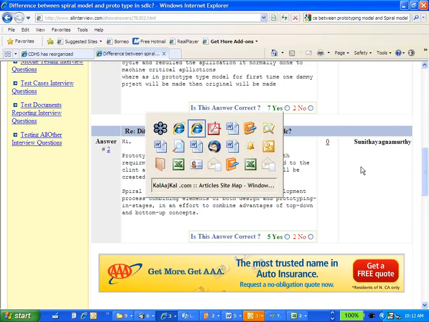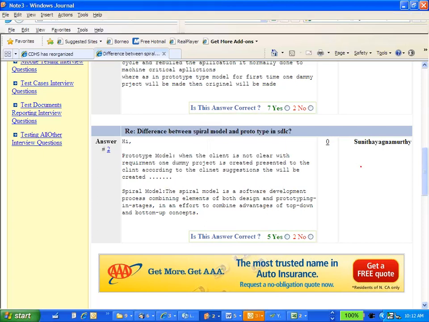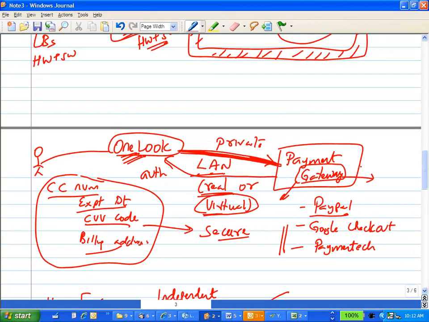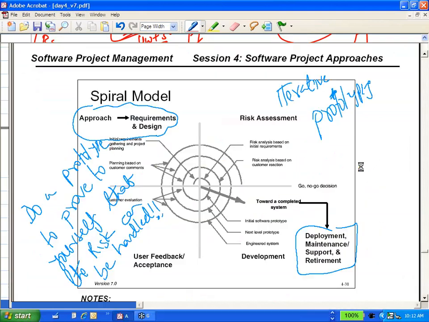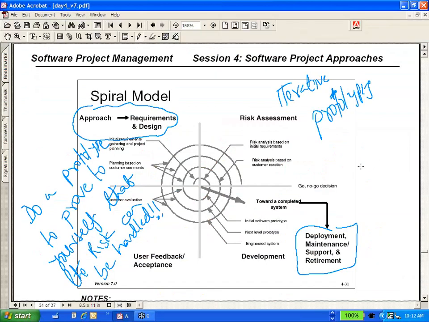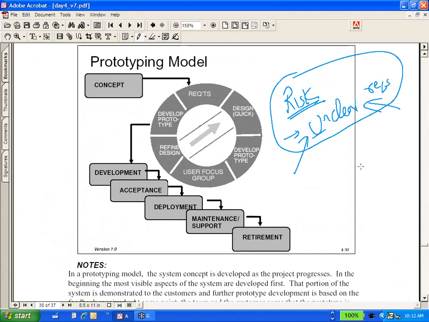Okay, forget it. I think I got a revelation, how I can describe the difference. So in the spiral model, you are not really building a prototype per se. You're actually building the actual product. In each iteration, the actual product is being built. In the prototyping model, you're actually building a prototype, and it's possible that you might throw the prototype away and then start from scratch.